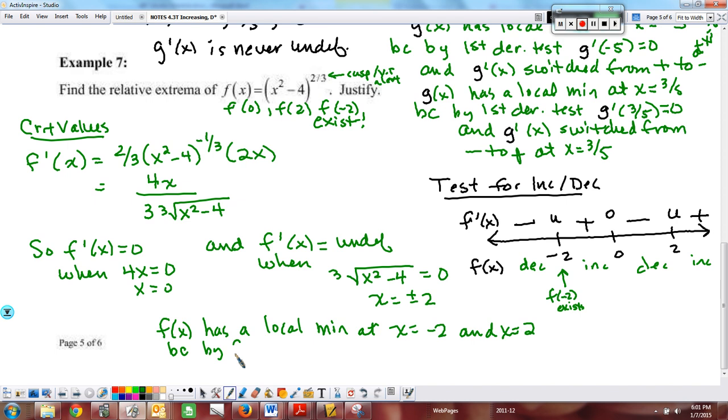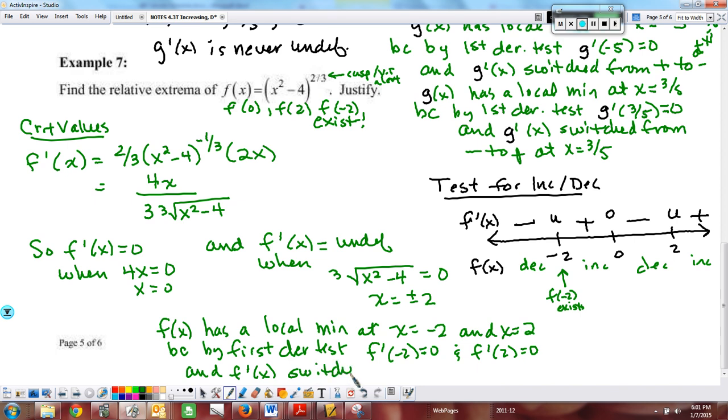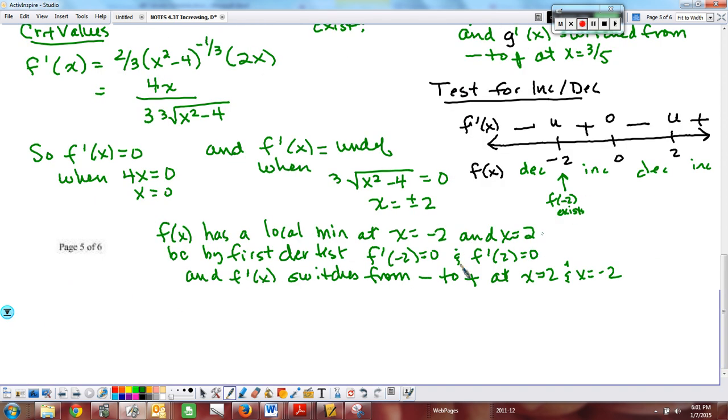Because by the first derivative test, f prime of negative 2 equals 0, f prime of 2 was equal to 0, and the derivative, f prime of x, switches from negative to positive at x equal to 2 and x equal to negative 2. So I saved some writing because I can put two of them together.